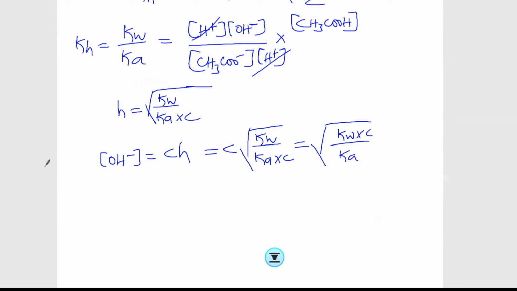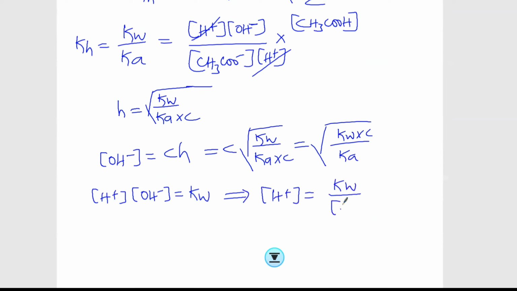Is this correct? Yes. So this is the concentration of OH minus, and we know H plus into OH minus is equal to KW, which is called the ionic product of water. From this, I can write the concentration of H plus is equal to KW by the concentration of OH minus.